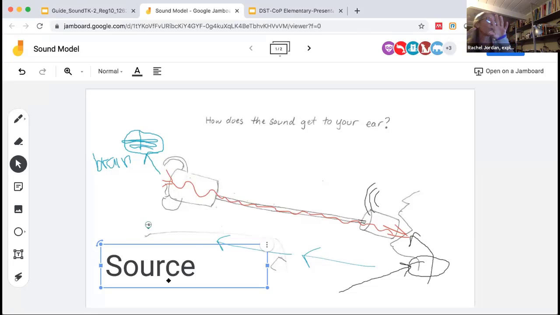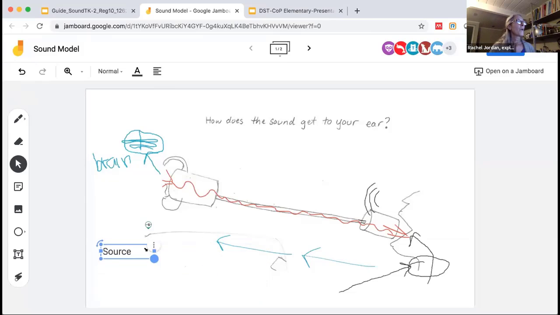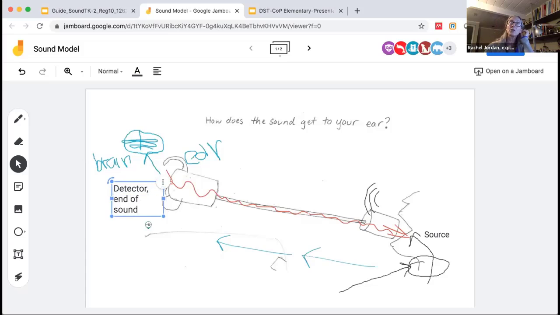We could write source. We could say at the mouth, and we could put detector at the ear. And we could use other words for detector too. Sometimes first graders would say the end of the sound, or we actually use the word, the part that gets the sound, the sound getter.